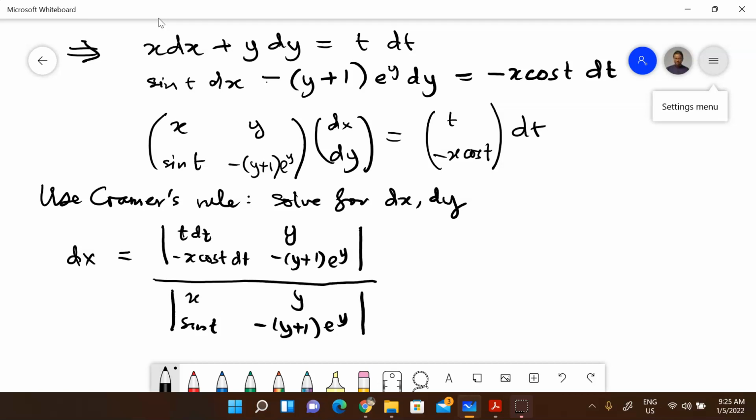And of course you can try to solve this. So you get something in terms of dt.